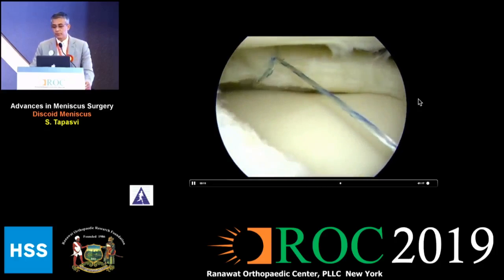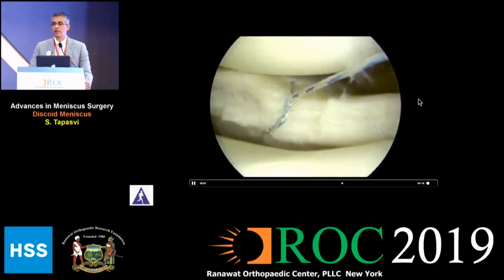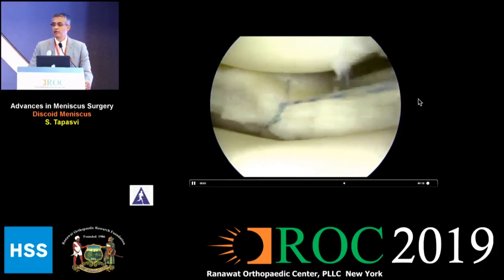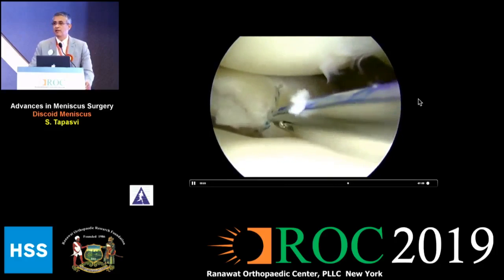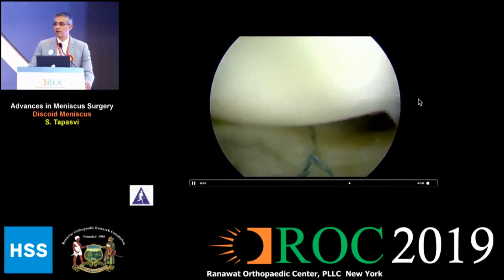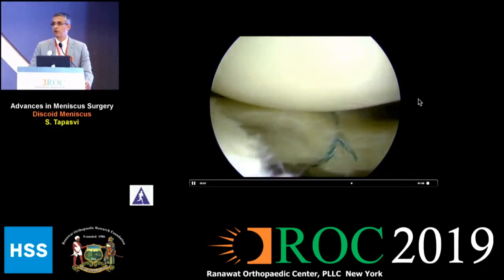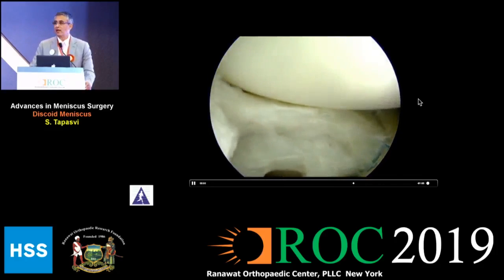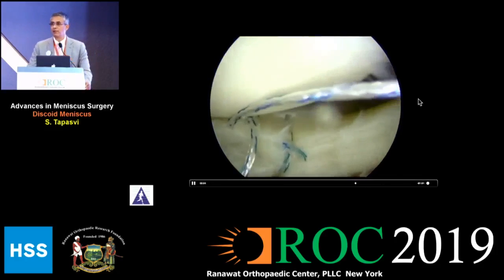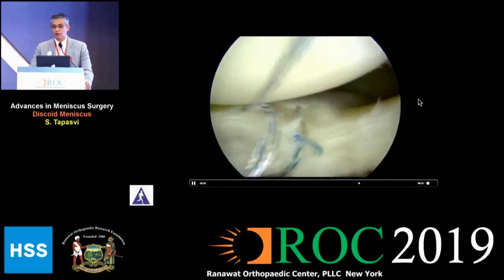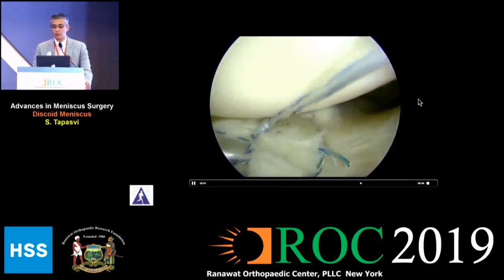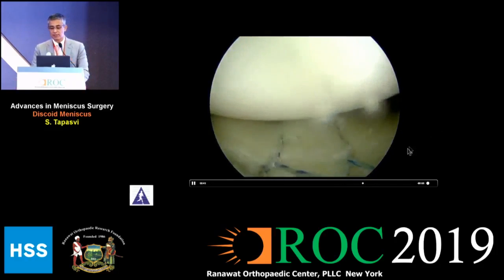a stable rim. If you go back to Parag's talk, when he discussed the anatomy, you would definitely have understood and remembered that it's only going to be the peripheral third that takes about 80% of all the fibers of the meniscus, and hence even if you leave behind a peripheral rim of 80%, that takes care of most of the problems and most of the hoop stresses of the meniscus.